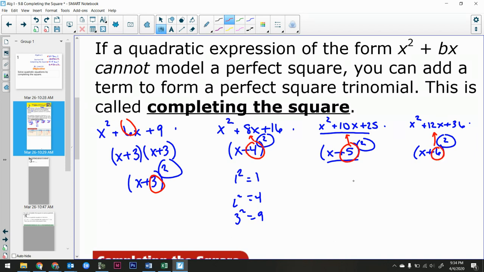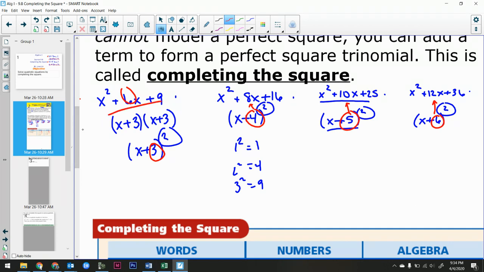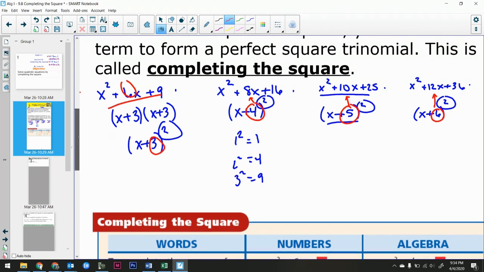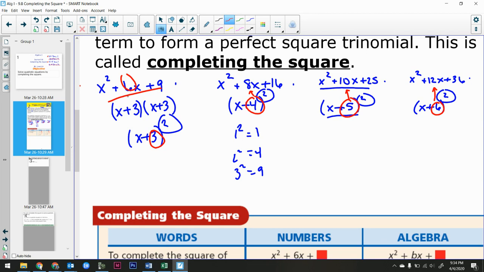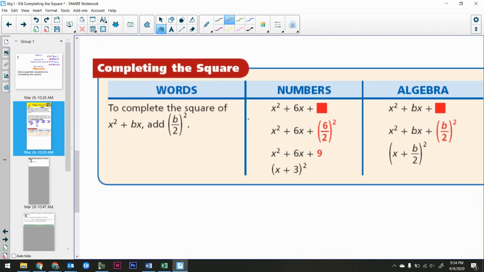So what we're looking for, if I'm trying to figure out what completes the square, what forces this to happen, is a number that divides this b term, this second term, in half. What divides 10 in half? 5. What divides 12 in half? 6. Okay. So this is the method of completing the square.